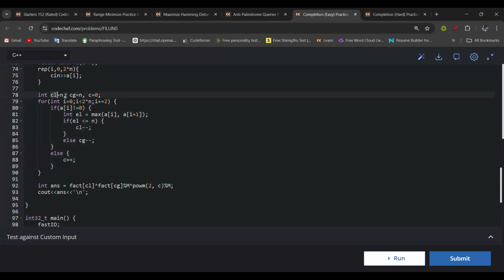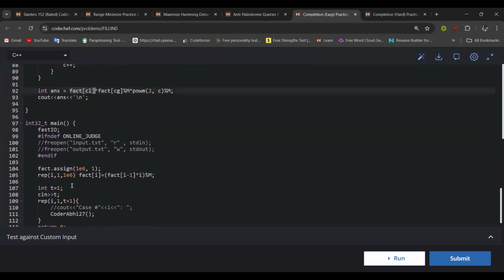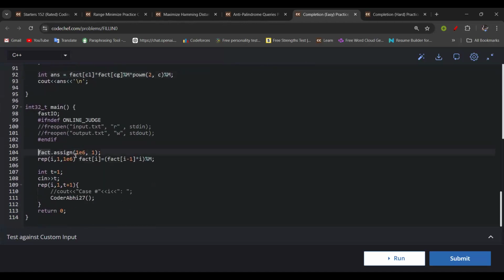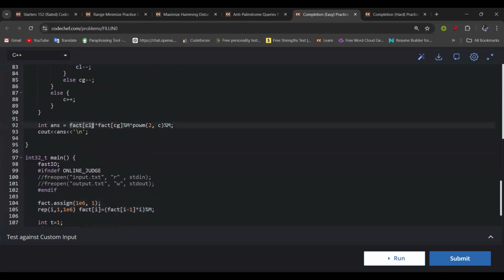Okay, that way we are computing my CL, CG, and C. So my final answer is factorial of CL into factorial of CG into 2 to the power C. And we have to make everything mod M. So I'm pre-computing all the factorials mod M initially, in my factorial array, up to 1e6. Because if I compute the factorial here one by one, it would take O(C) time complexity.